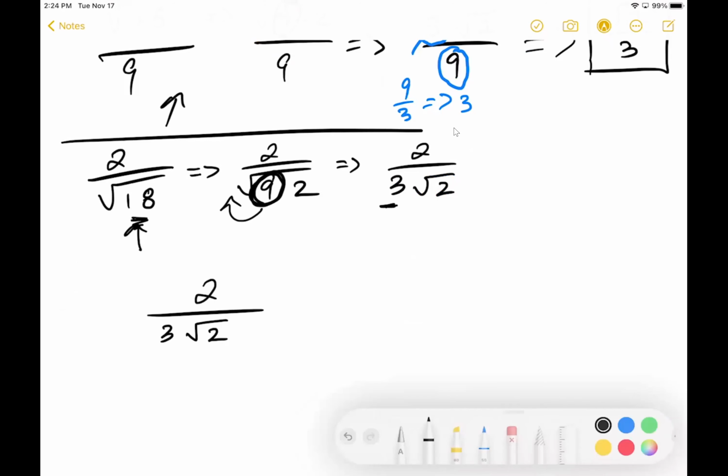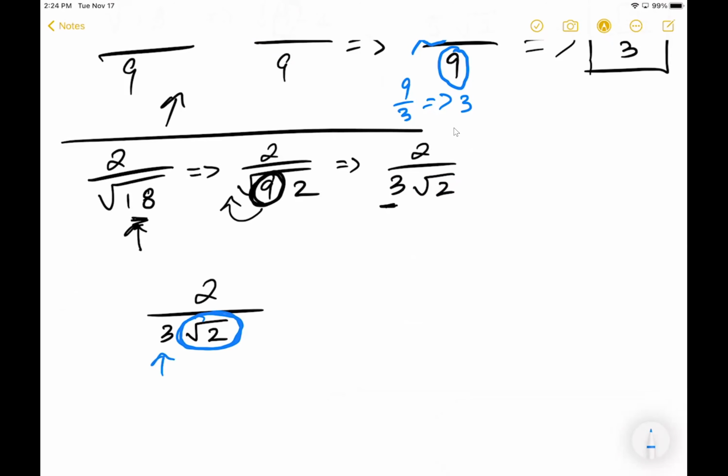Our objective is, as long as the denominator has a radical, then we need to get rid of that radical. The 3 is not in a radical, so the 3 is fine. We don't care about the 3, we just care about this radical 2, right? So how do we get rid of this radical 2?